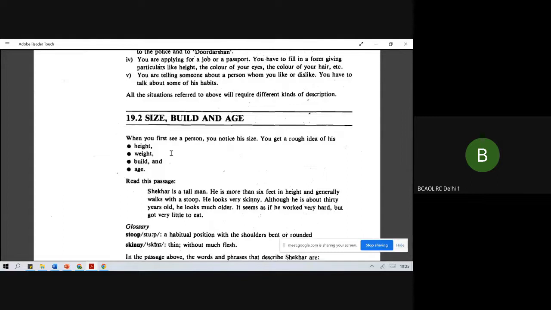If I talk again about your schooling, especially in your primary school, most of your composition writing used to be this descriptive composition, where you used to write about your favorite subject, your favorite actor, your favorite food, where you have to talk about that particular thing.